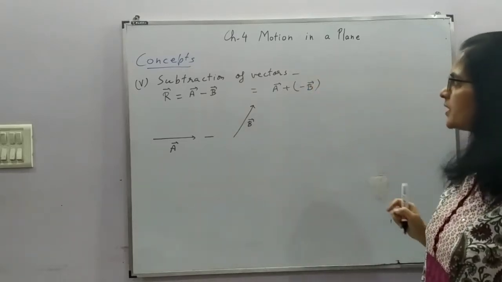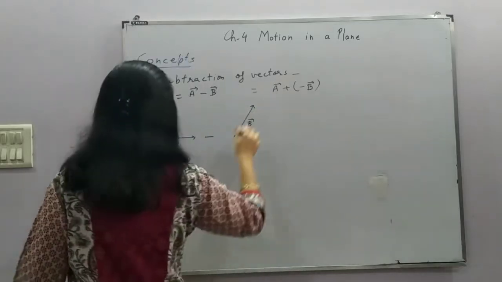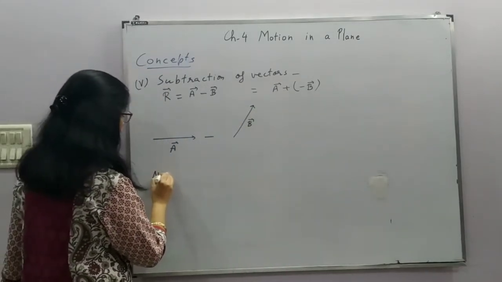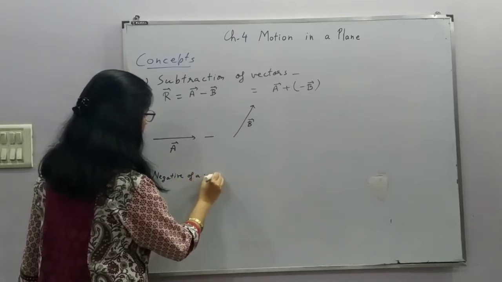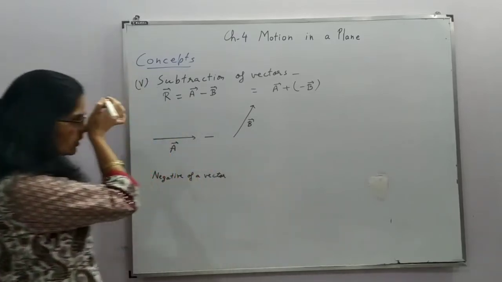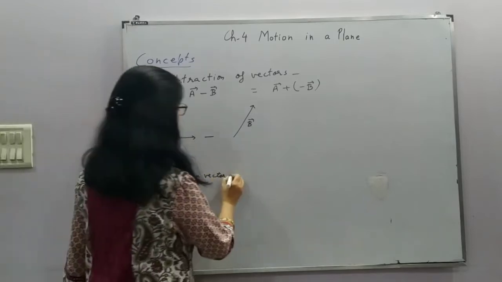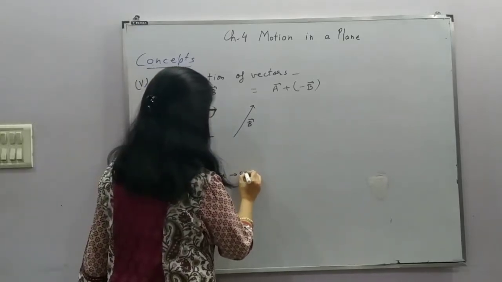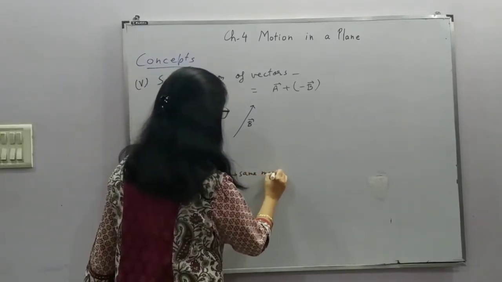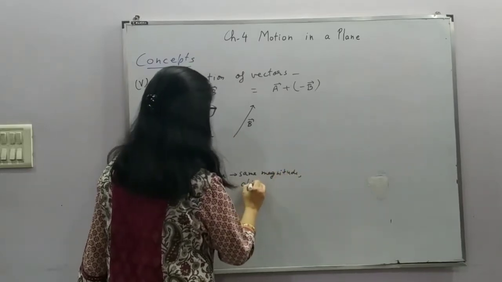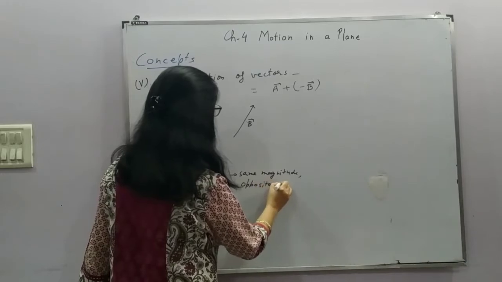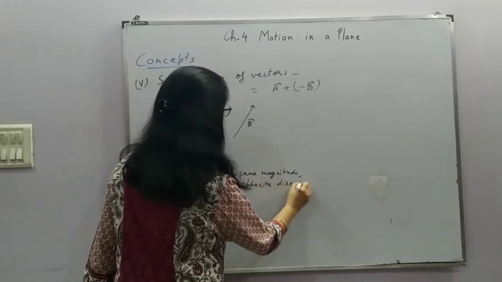For this, we must understand what we mean by negative of a vector. What is negative of a vector? It has the same magnitude but opposite direction.